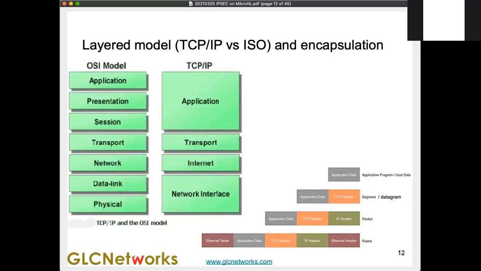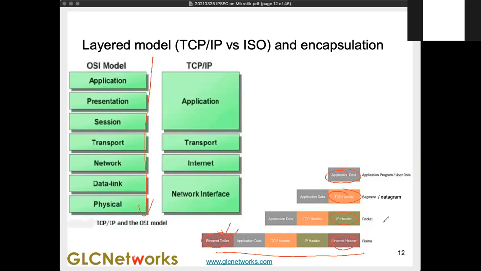When you send a packet, the data will be sent from the upper layer to the lower layer. So this is your data, and then your data will be added by a header, and then another header, and then another header. Before they send on layer 2 here, they also add a trailer.